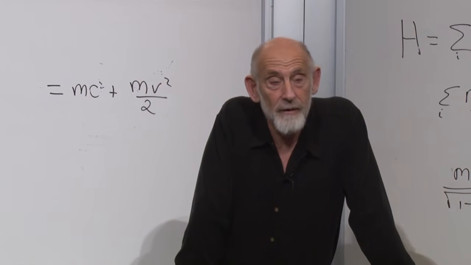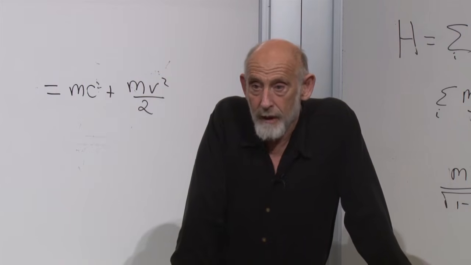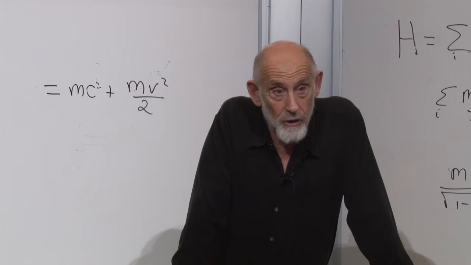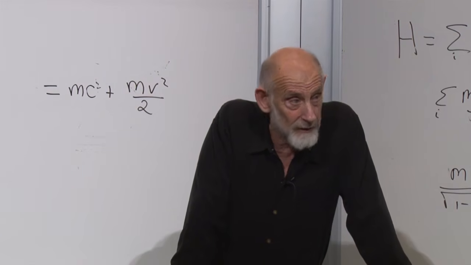What's the right physical way to think of those higher order terms? Corrections to the kinetic energy? Yeah, they're corrections to everything. Those corrections are quite significant when the object is moving close to the speed of light.